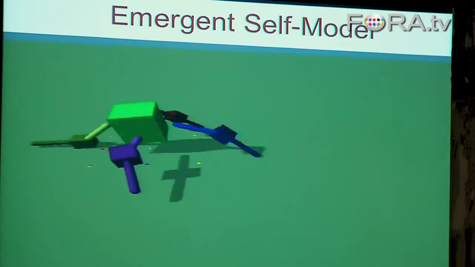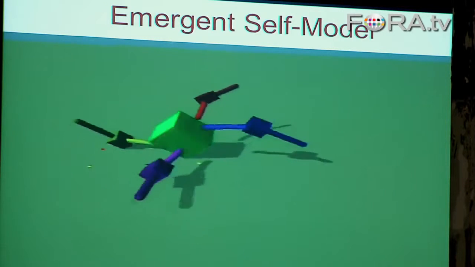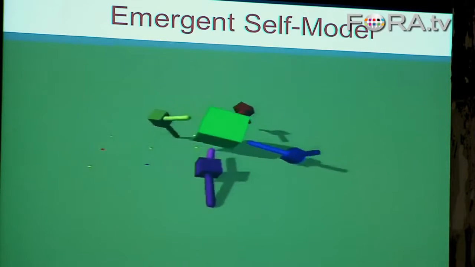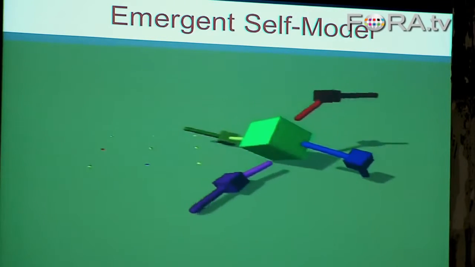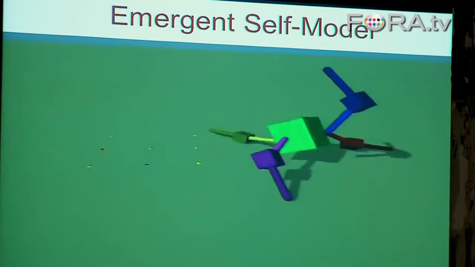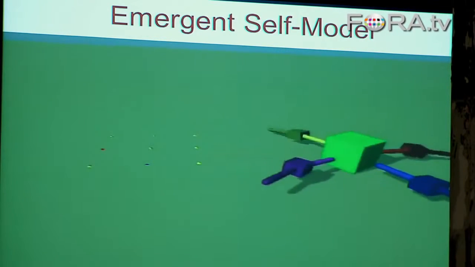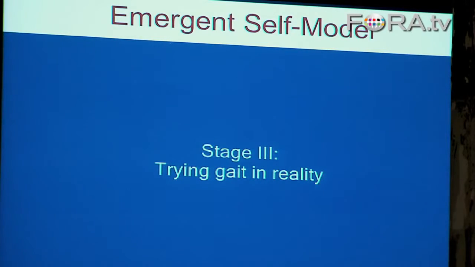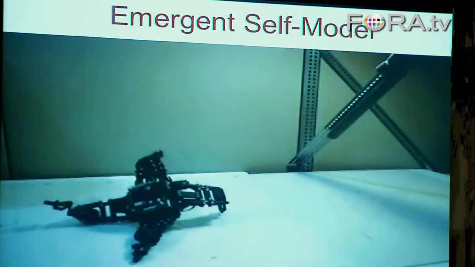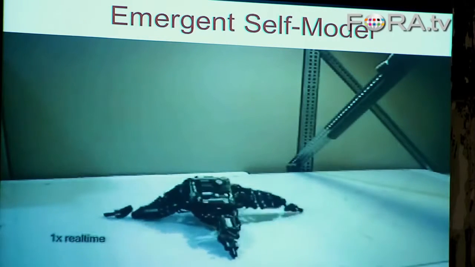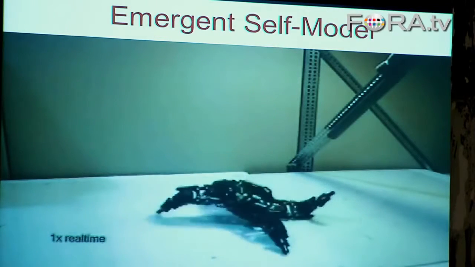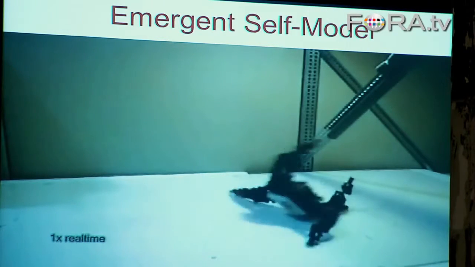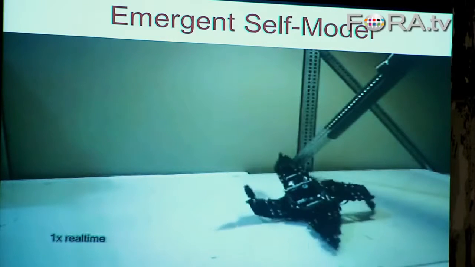The actual positions are a little bit inaccurate, but it's good enough that it can figure out a way to walk. Here's the robot figuring out a way of moving. I don't know if we can call it walking, but here it is actually moving in reality. We were hoping for an evil spidery walk, but instead we got this lame way of moving forward.